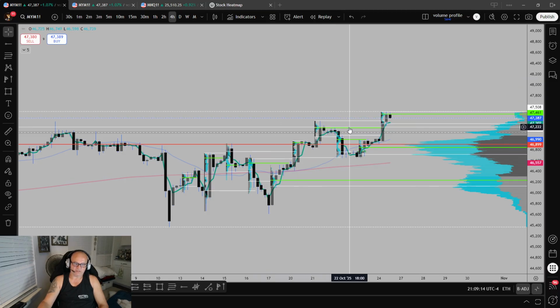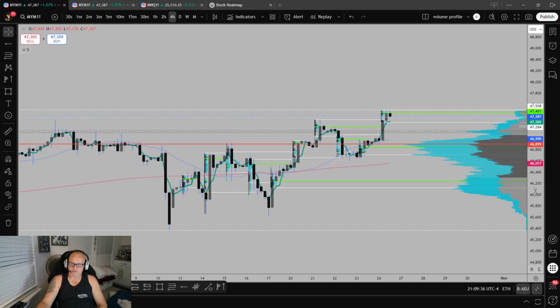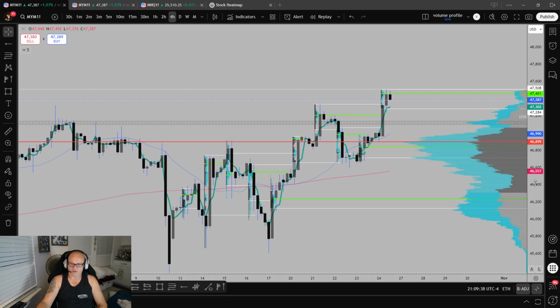Now we're going to move into a little bit of ICT concepts, and that is where I find my higher time frame levels to trade with. Just so happens that this high volume area is going to react with all of the levels I'm fixing to show you, which is why I have such good feelings about trading in this area.